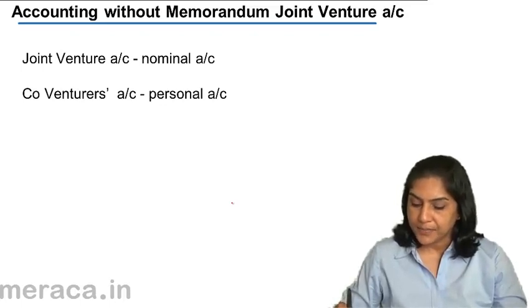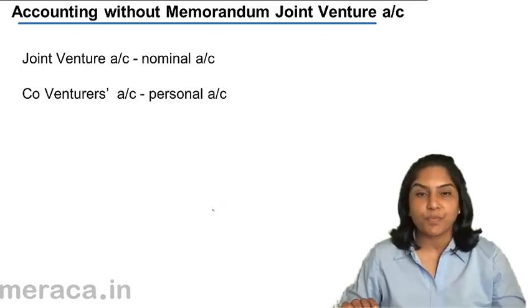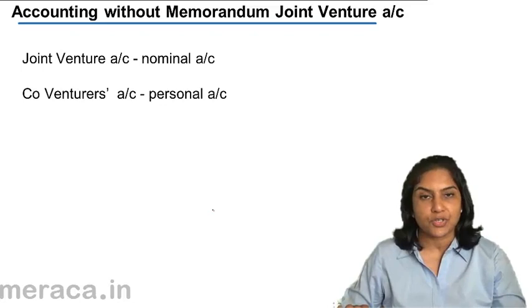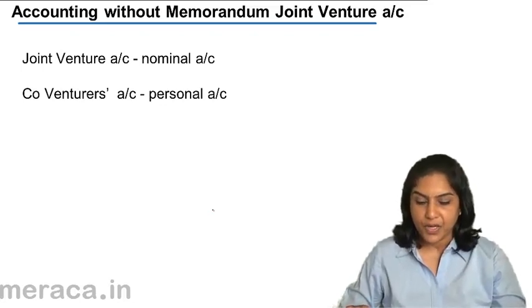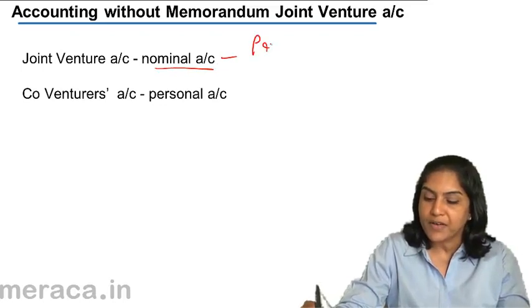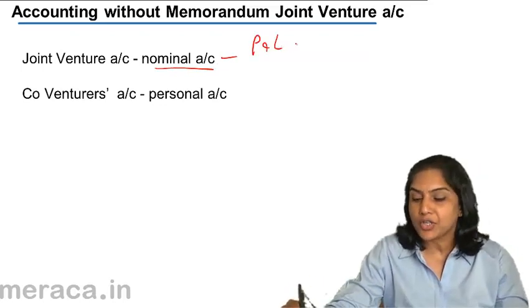In this case, the accounts prepared are like this. One is a joint venture account and another is the co-venturer's personal account. A joint venture account is a nominal account. It will give us the profit or loss on joint venture.